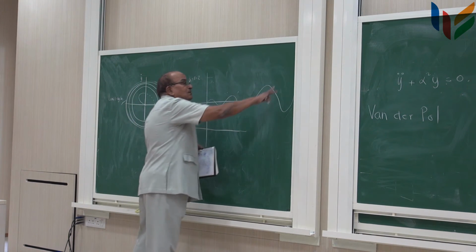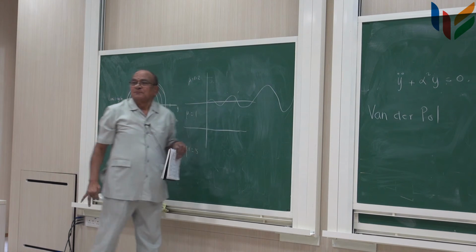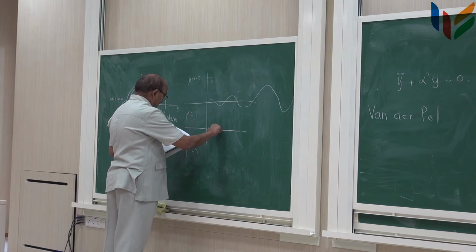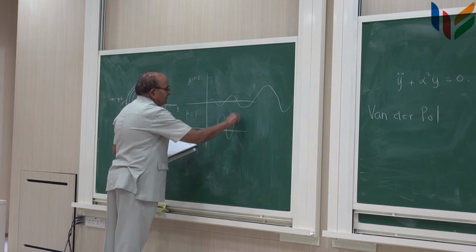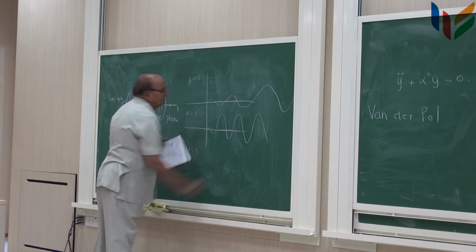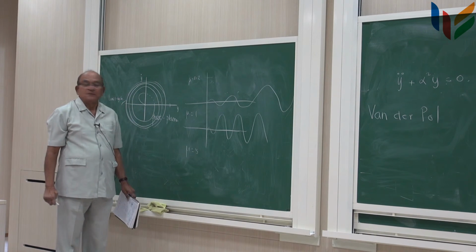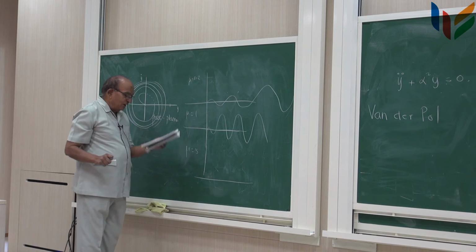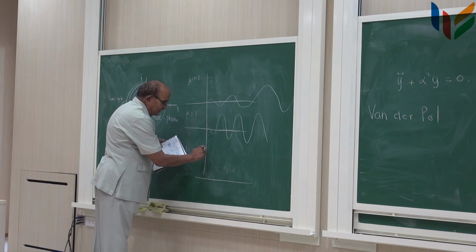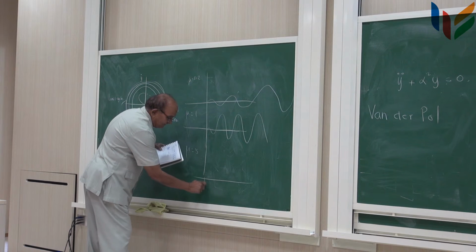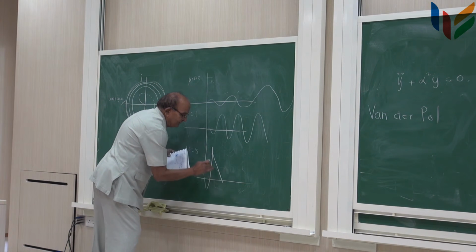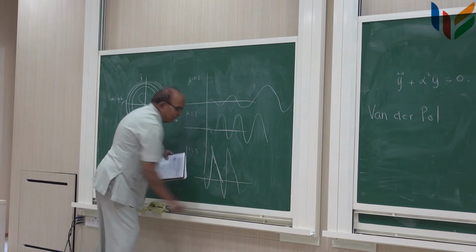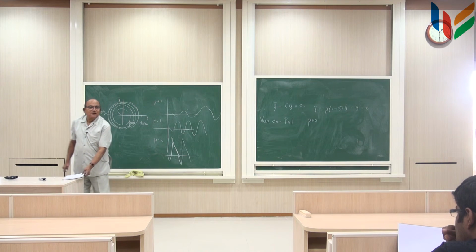Starts slowly and then it goes up and then becomes stable. So, for mu equal to 1, it will still be something like a sine wave. But when mu goes still higher, this will no longer be a sine wave, but something more like a periodic waveform, all right, but not a sine wave.